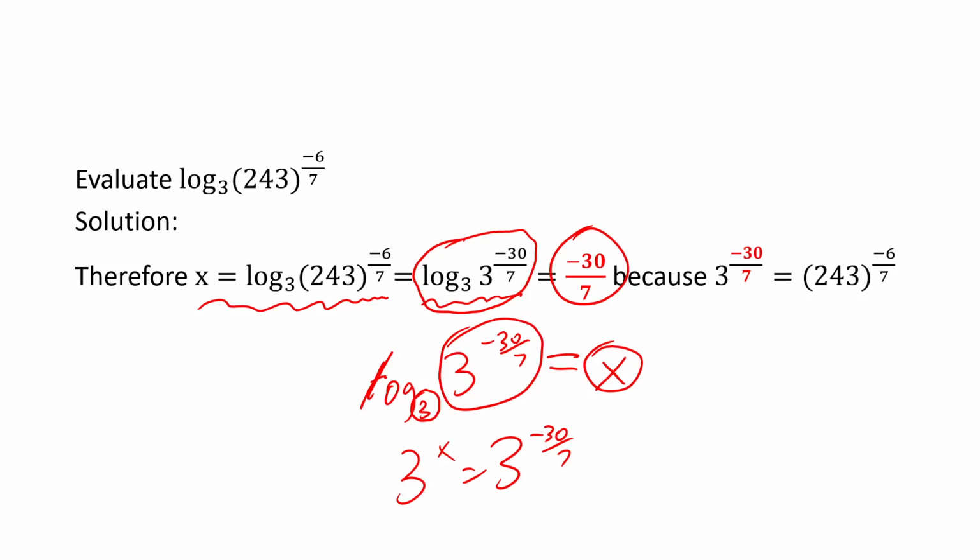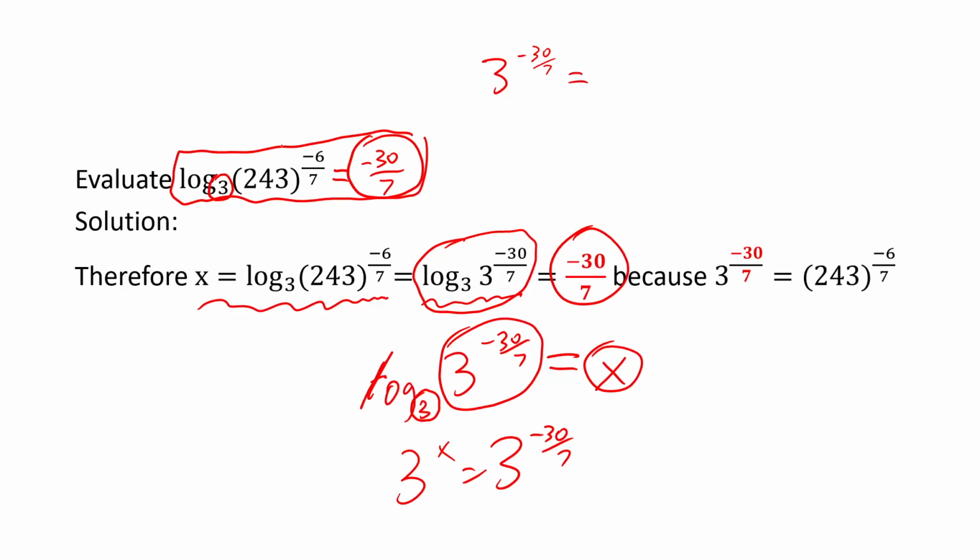Basically, if you want to see it one more time, when we say that this expression is equal to negative 30 over 7, what we're really saying is 3 to the negative 30 over 7 equals 243 to the negative 6 over 7.